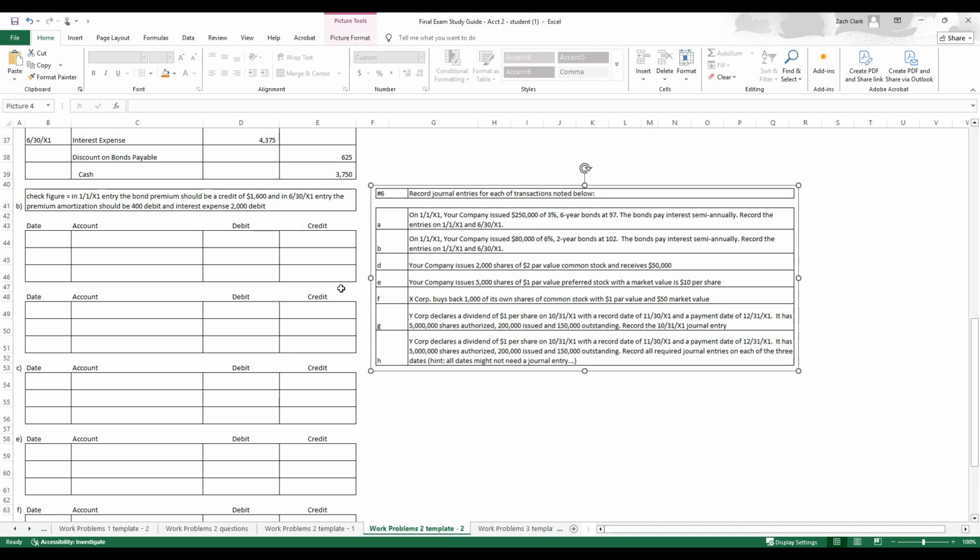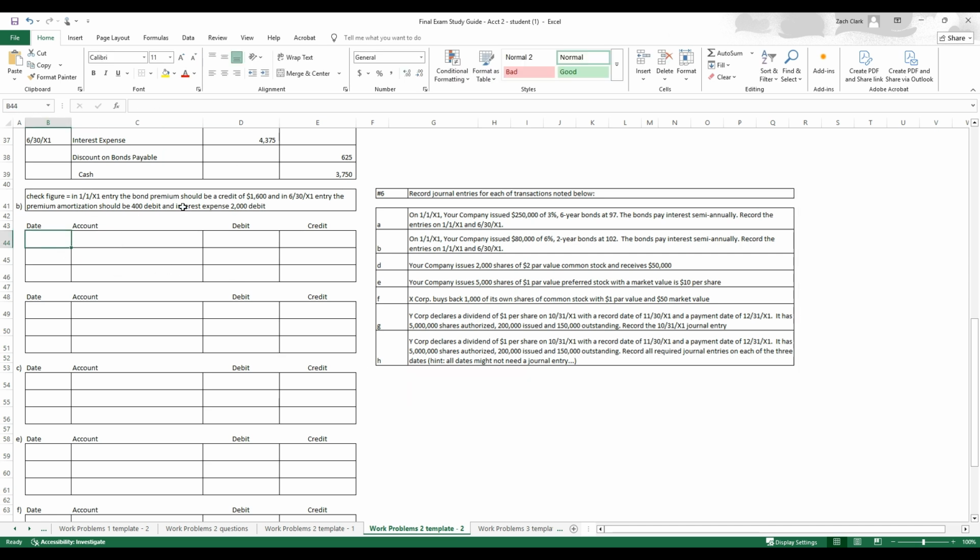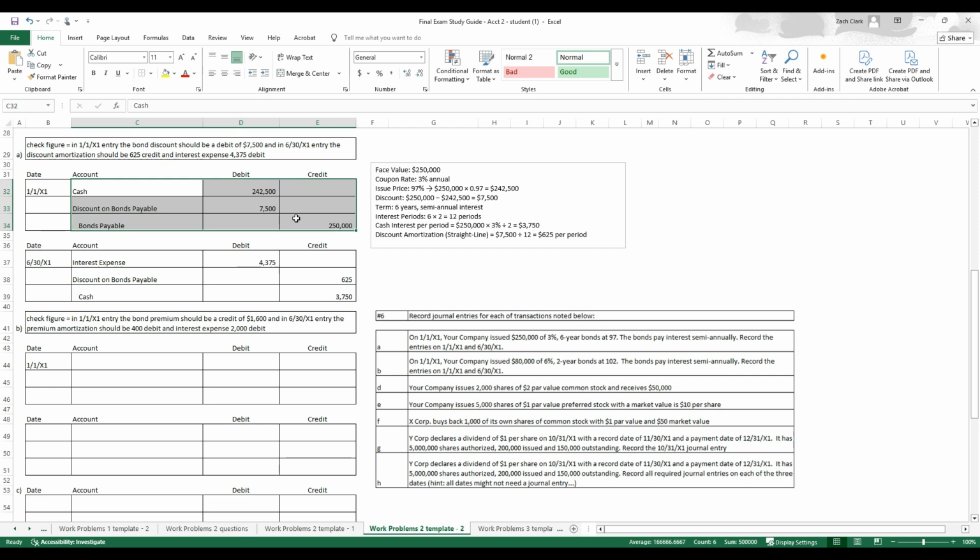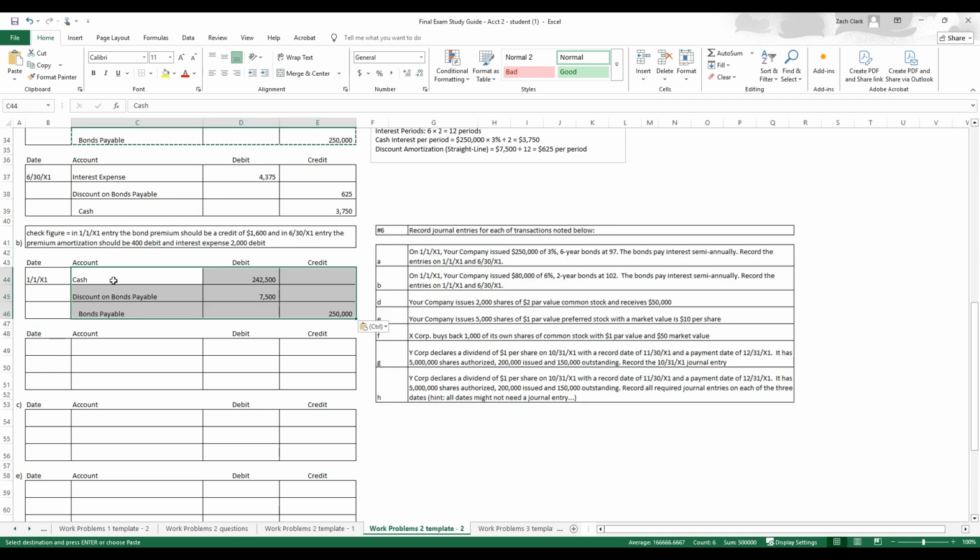Okay, let's take a look at B. So it says on 1/1, same time there. And I'm going to copy this in just to have it, and we're going to modify it a little bit because now we don't have a discount, but we have a premium on bond payable.